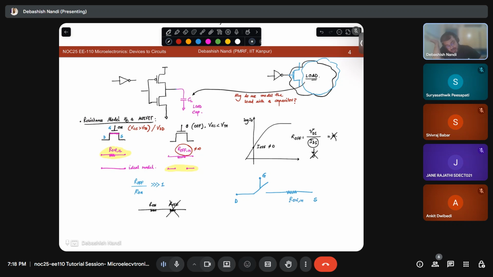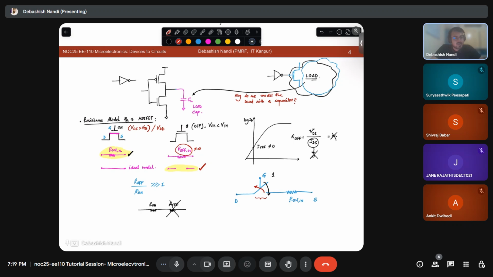When your gate is 1, this will be closed, and between source and drain, you will have the on resistance. We'll go back to this one. And whenever this switch is open, there is no current flowing between the drain and source. Basically, we have the open circuit. So we fall back to this case.